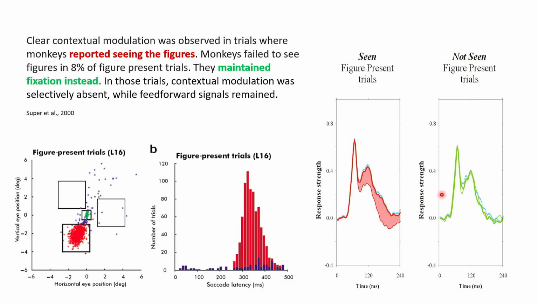Anyhow, so this seen versus not seen gave you the same idea that this feed-forward activation, which is there regardless of seen or not seen, is always there. It's just the recurrent interactions which are selectively absent in the case of not seen.